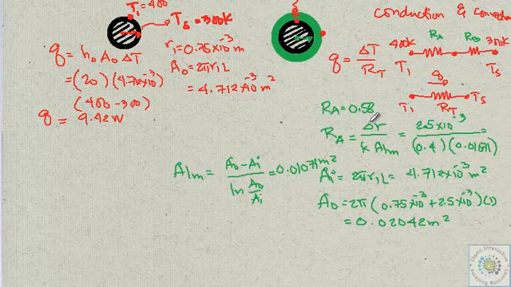Okay, RA is equal to 0.58. Now, how about RB, the resistance offered by the air which undergoes convection?